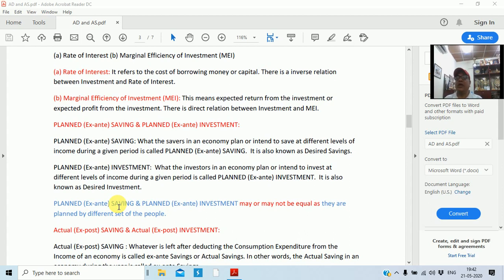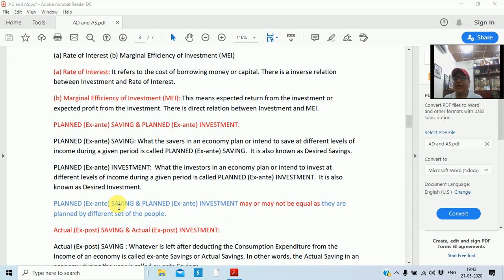Now the question is whether this planned saving and investment are equal. The answer is may or may not be. Because suppose I am a saver and you are an investor, right? So what I am planning, what I am desiring may be the same as what you are planning and desiring. I am planning to save 10 rupees. You may also be planning to invest 10 rupees.